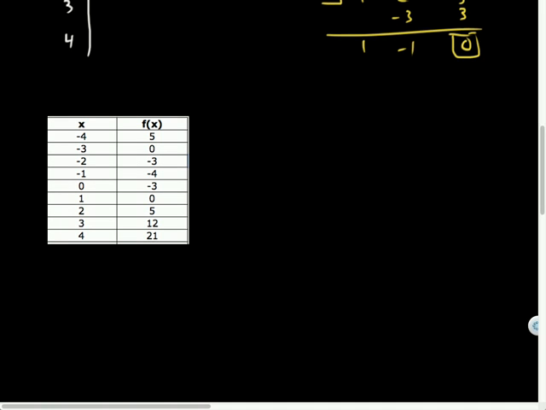Now, let's think about if I want to find x-intercepts of my parabola. If I want to find the zeros of my graph, how could I do that? How do I approximate zeros?